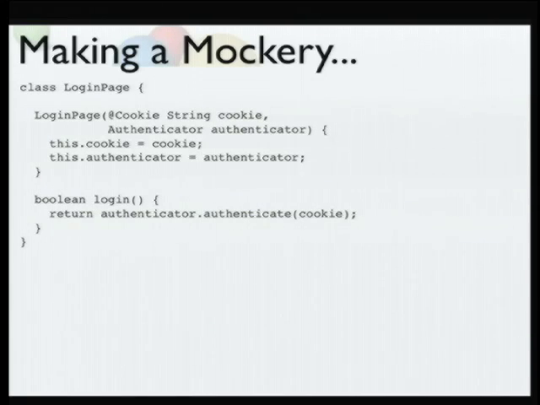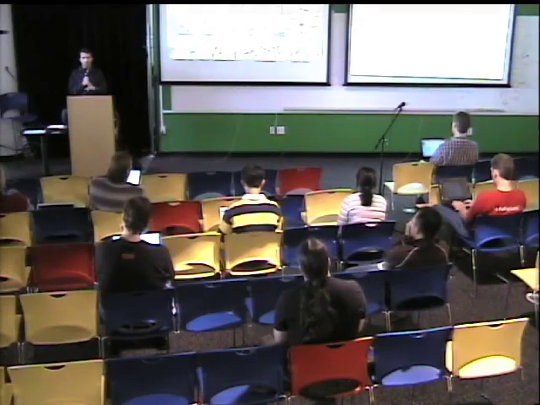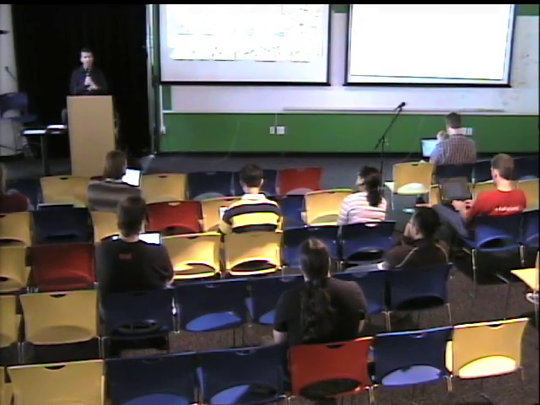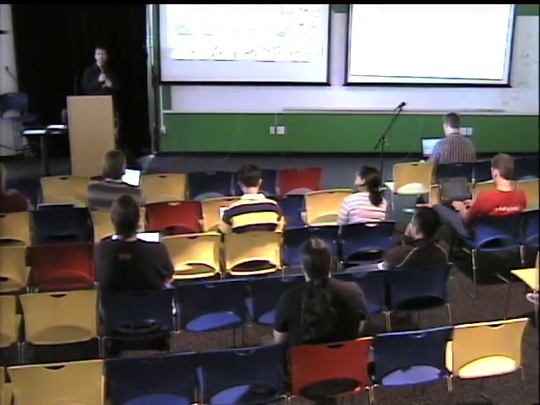Chances are that the login page shouldn't have a singleton lifetime, or a single instance in your application, but rather a new page should be created with a new cookie over and over again. So a lot of times, the root cause of the service locator is that the objects have a much longer lifetime than they should have.